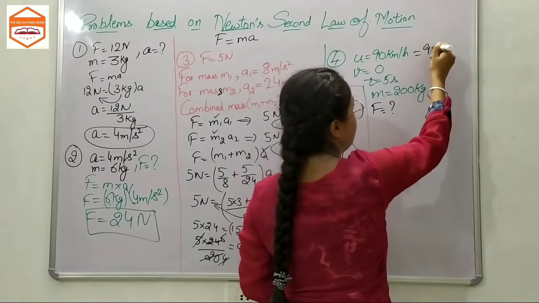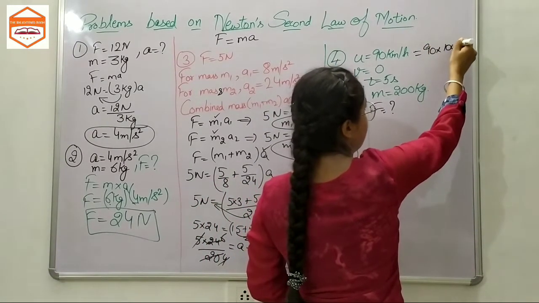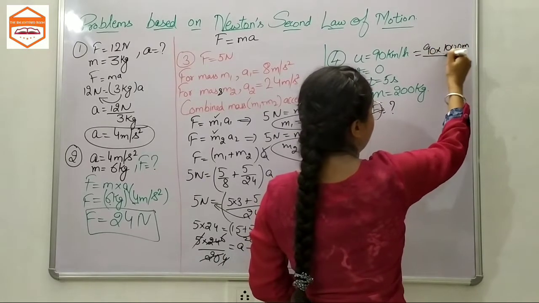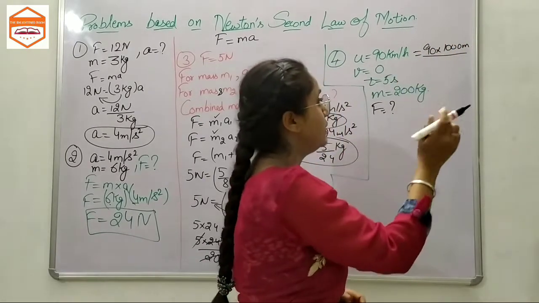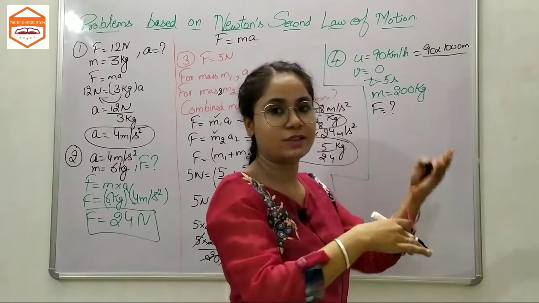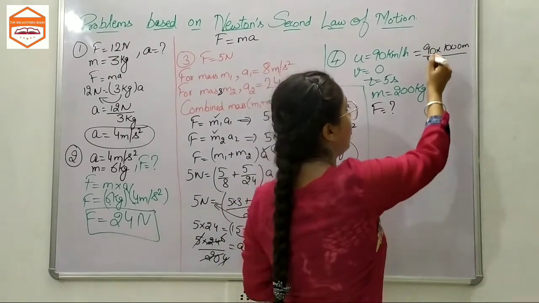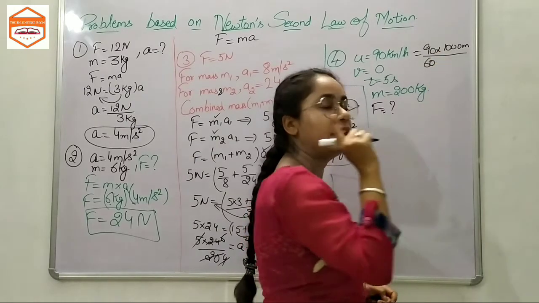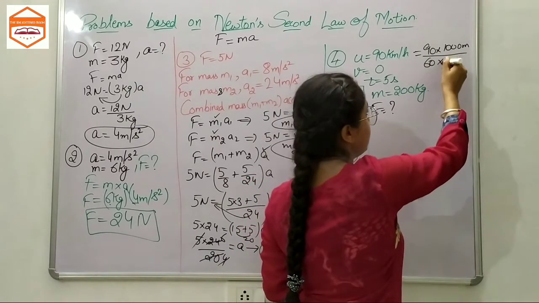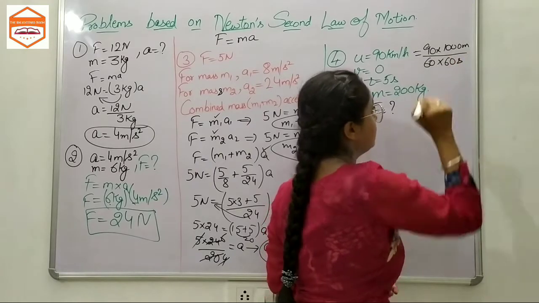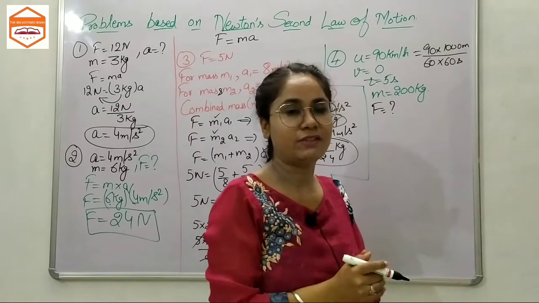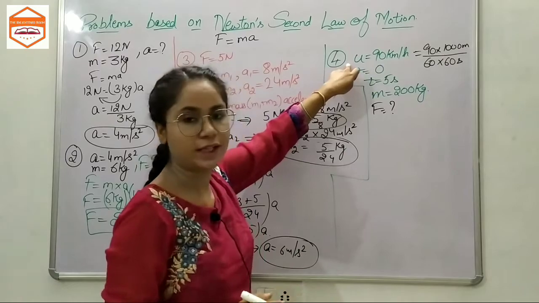So 90 times 1000 meters are here. In 1 hour there are, now hour is in the denominator, so we will also write it in the denominator. Now 1 hour has 60 minutes, and in 1 minute there are 60 seconds, right? So you can get the value of u here.